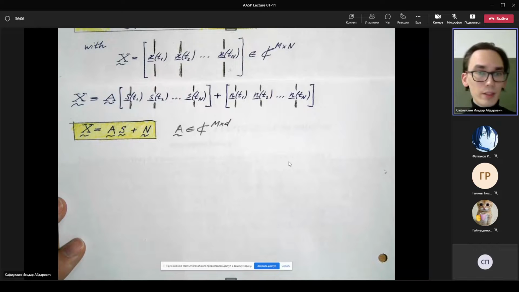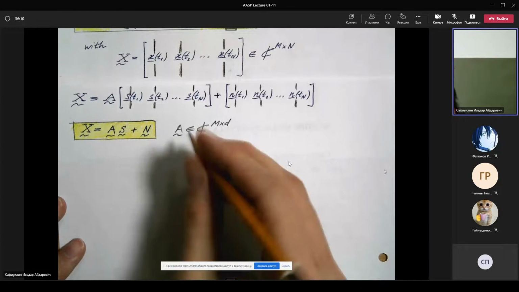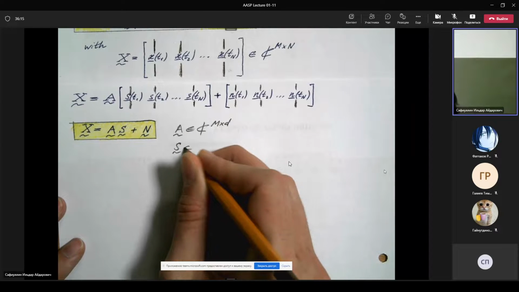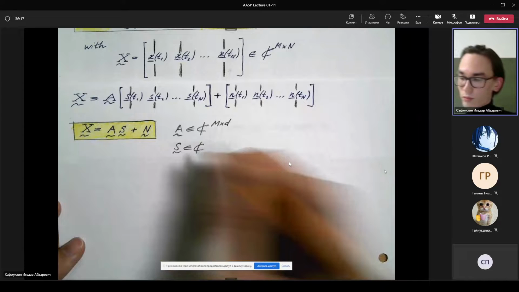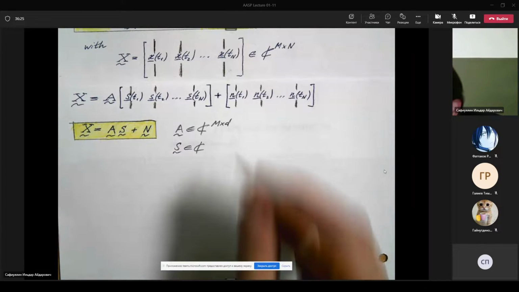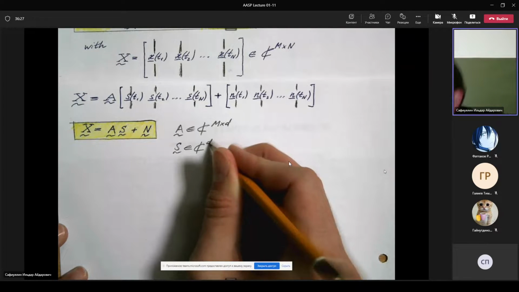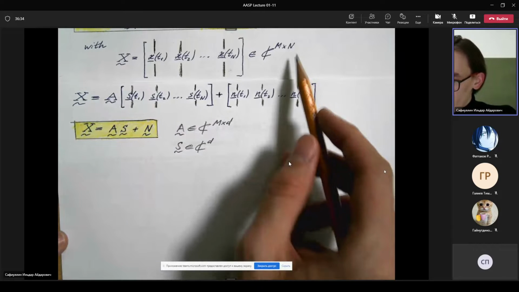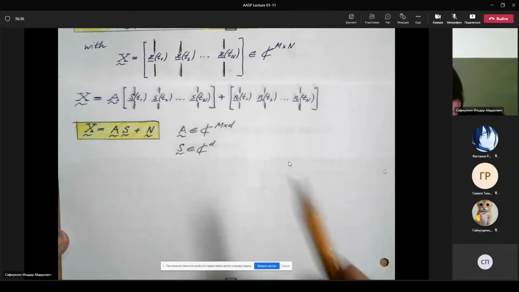And of course, in this case, we can easily say the sizes of matrix S, because the number of rows should be equal to the number of columns of A, d, and the number of columns you can see from X. So it is equal to N.